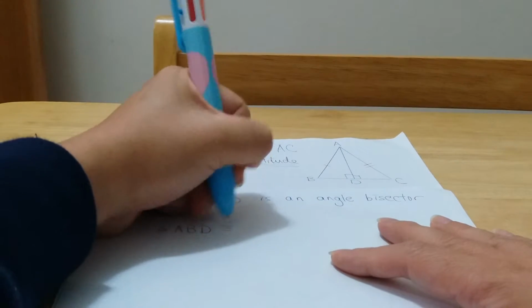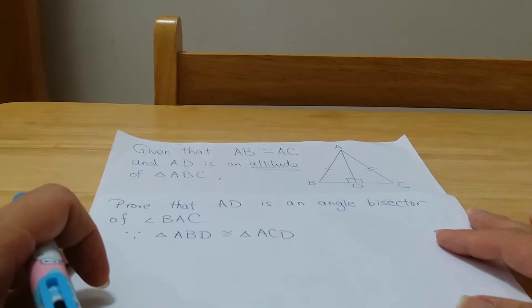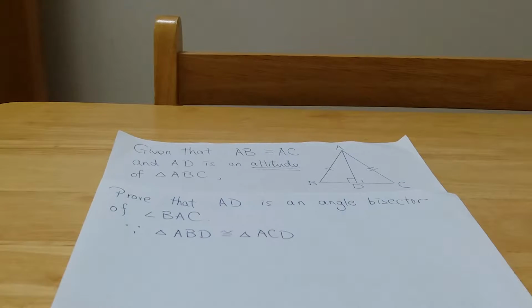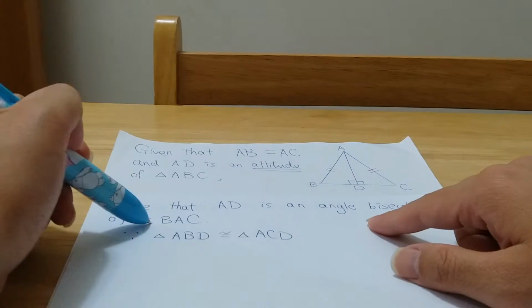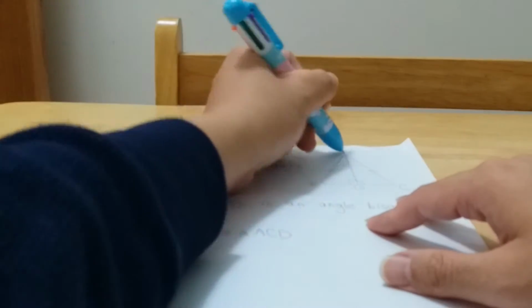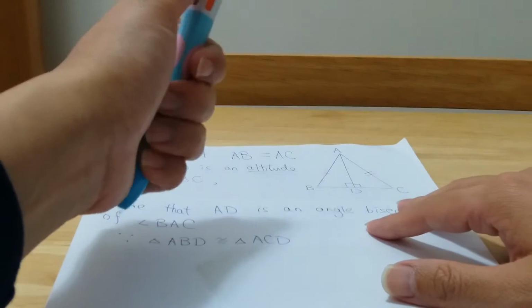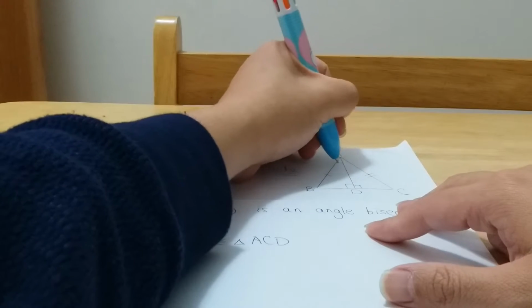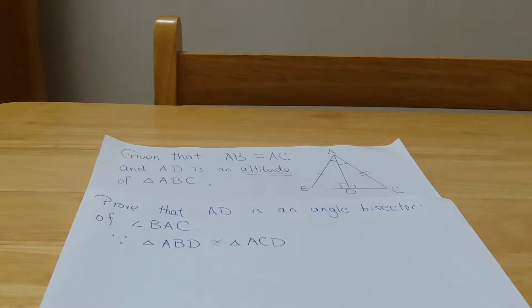So first of all, because triangle ABD is congruent to triangle ACD, we can write something. But which reason are we going to choose? First of all, AD is the angle bisector of BAC. That means we are going to show that this angle must be equal to this angle for this part.